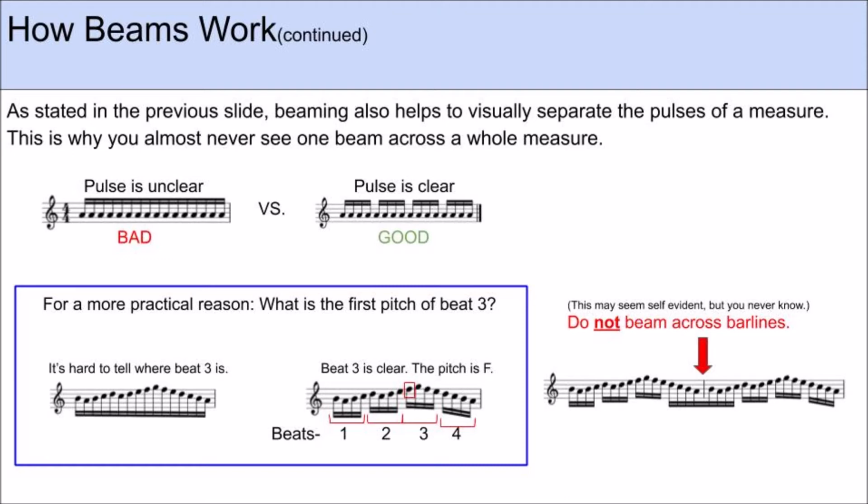So, if our meter is in 4/4, then we have 4 pulses. So we can fit 4 16th notes inside of a pulse. This first one on the left has everything beamed together, and it's very hard to decipher where the pulse lies.